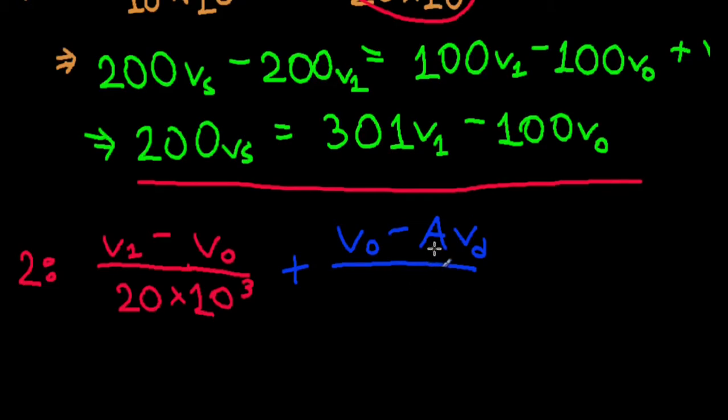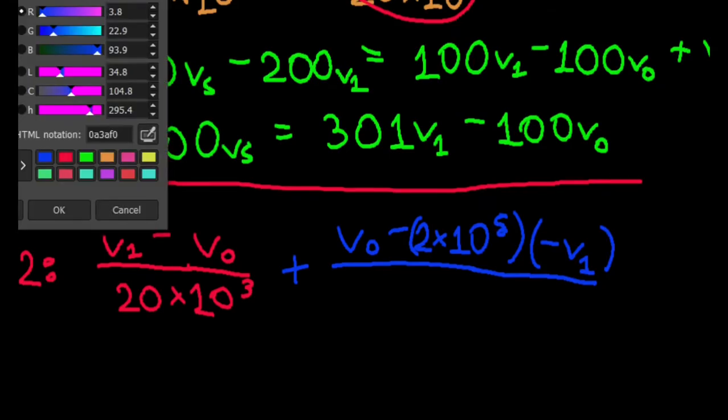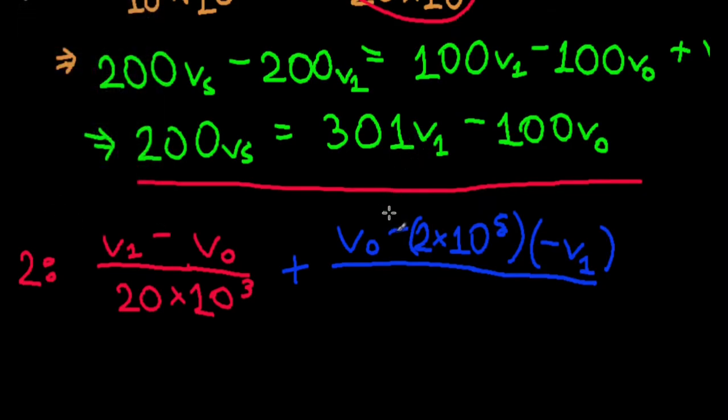As we said, A is 2 times 10 to the 5, and VD is negative V1. Negative negative becomes positive, so I'll make this positive. That's a fair bit of simplification, divided by resistance 50.